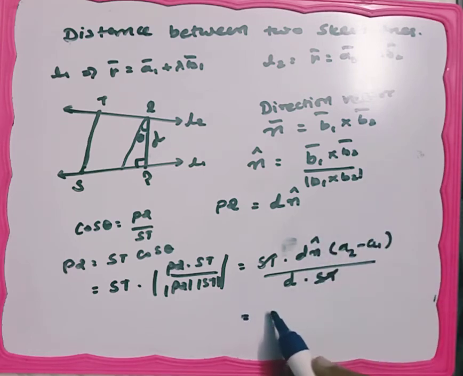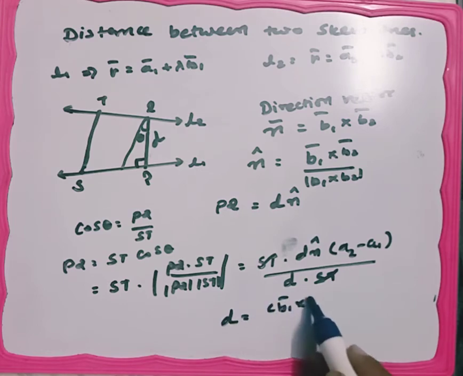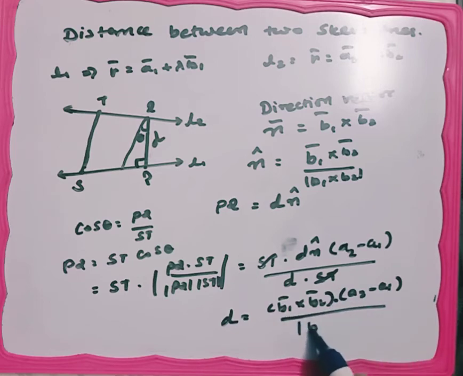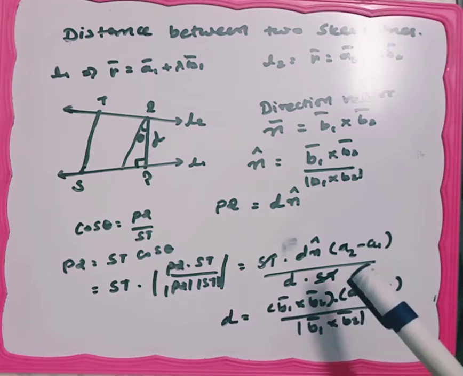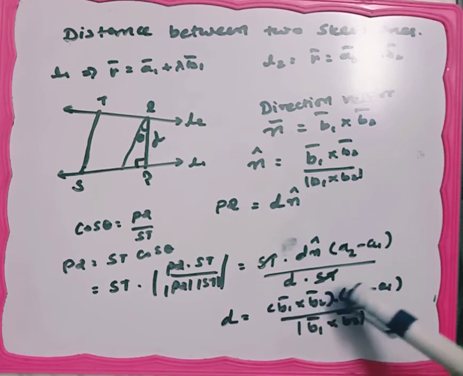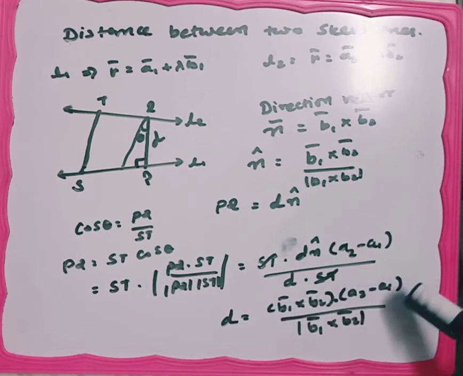Then the shortest distance D equals B1 cross B2 dot A2 minus A1 upon magnitude B1 cross B2. And so for any two skew lines, the shortest distance between them is B1 cross B2 dot A2 minus A1 upon magnitude of B1 cross B2.